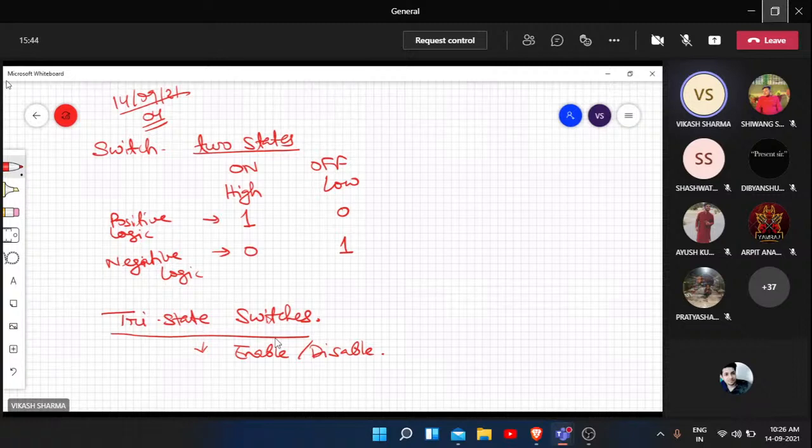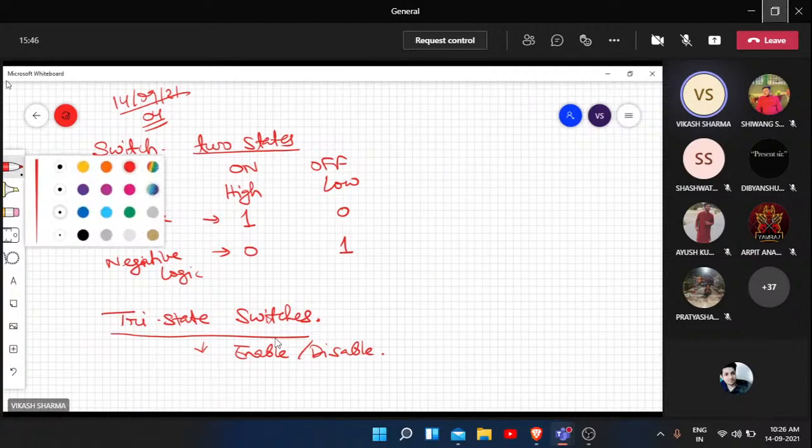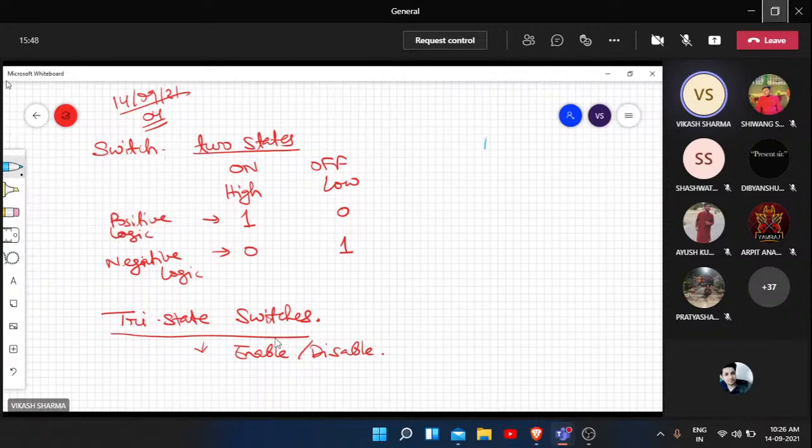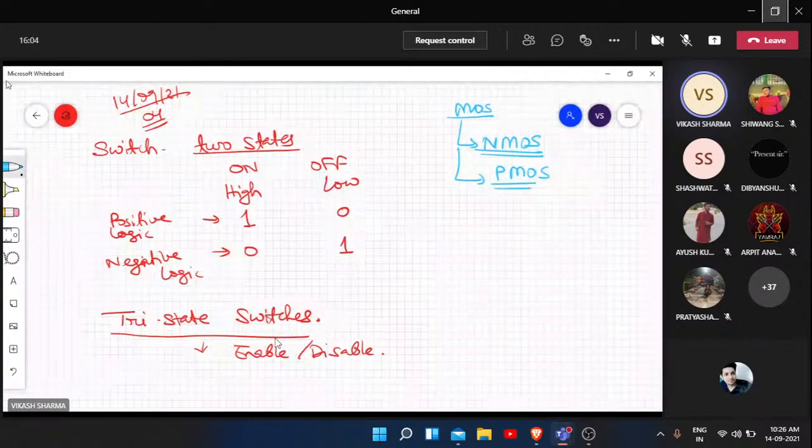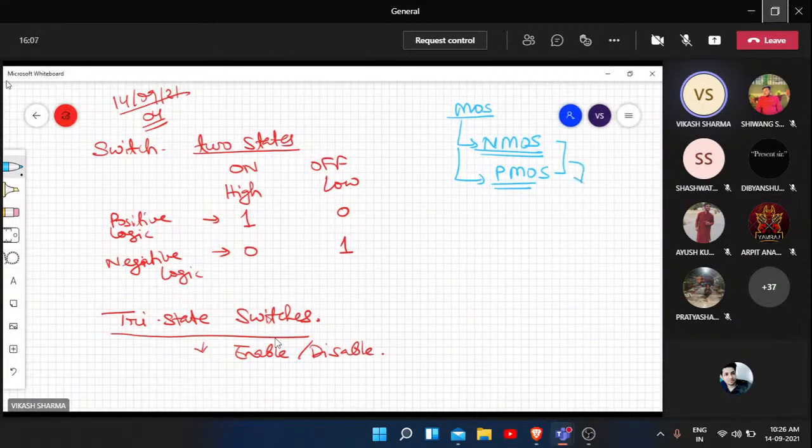Now let us focus our study to a very narrow area, that is MOS. When we talk about MOS, we have got two basic options: NMOS and PMOS. This depends upon the type of channel used.